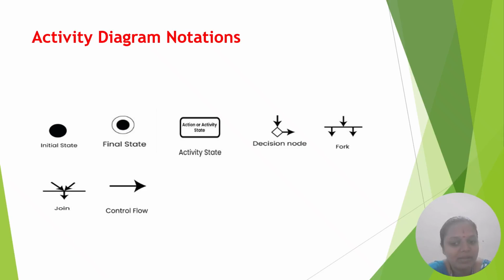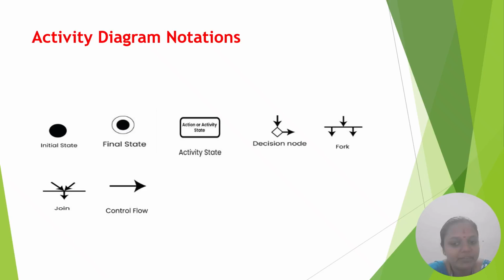For example, yes or no, true or false, or pass or fail. The symbol used for a decision node is a diamond shape, and it is usually followed by two or more outgoing arrows, each labeled with a condition written inside square brackets, such as valid or invalid.